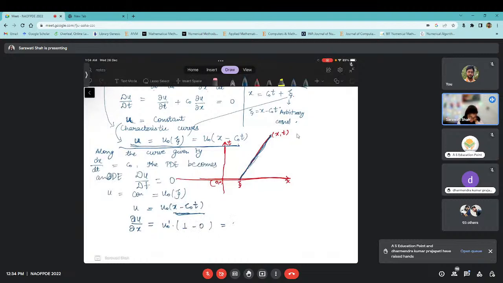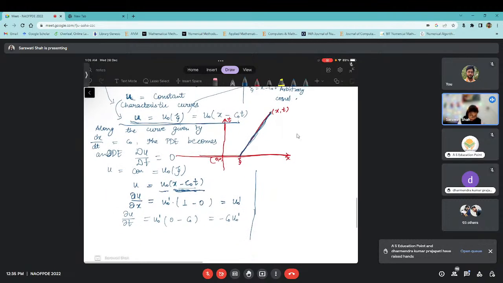That is, del u over del x is u naught dash. Similarly, when you calculate del u over del t, the derivative of u naught with respect to the argument, that is u naught dash, and then the derivative of this argument with respect to t, that is 0 minus c naught. So basically it becomes minus c naught u naught dash.